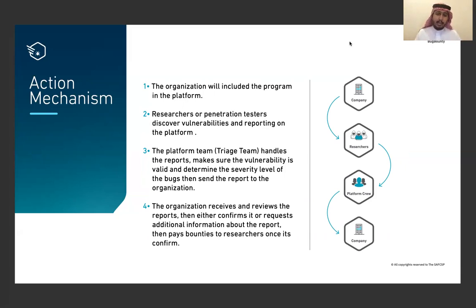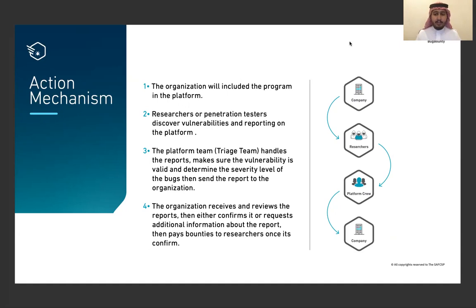After that, the program will be reviewed by the platform team and launched to the researchers or penetration testers who are already registered on the bugbounty.sa platform. They will check the program, and based on the scope of work and the policies, they will try to find vulnerabilities and report them.